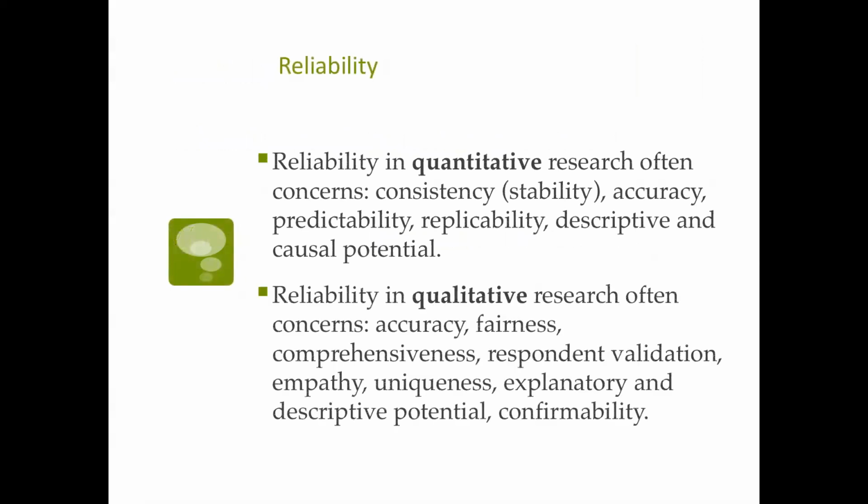While reliability in qualitative research often concerns accuracy, fairness, comprehensiveness, respondent validation, empathy, uniqueness, explanatory and descriptive potential, and confirmability. Basically, we're looking at different sets of things to consider a quantitative study reliable than we are to consider a qualitative study reliable.